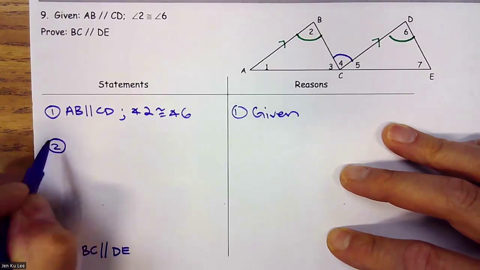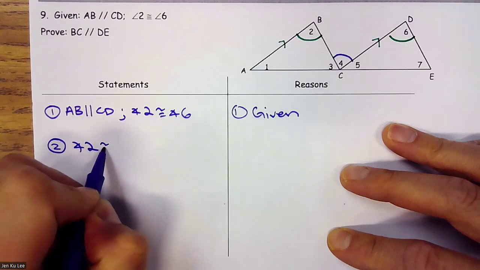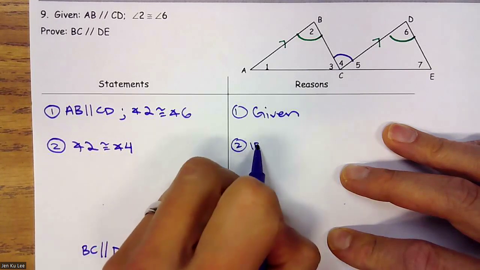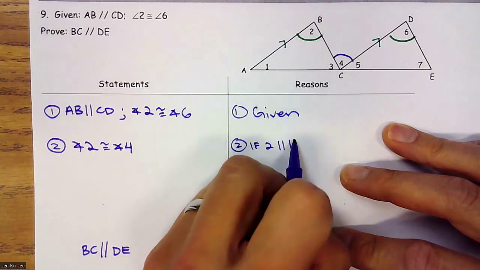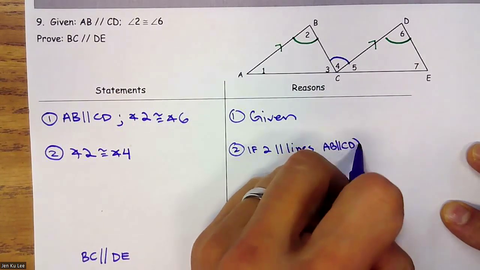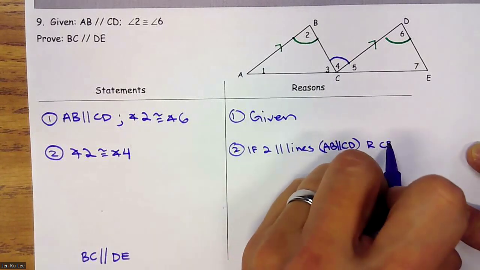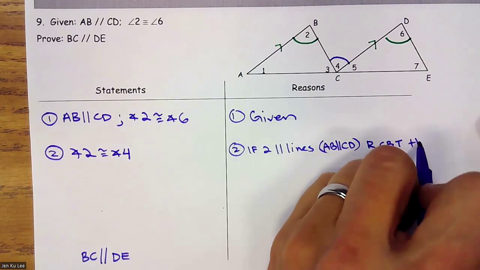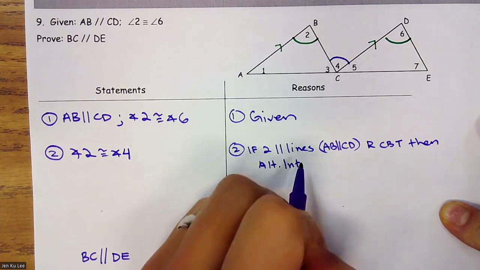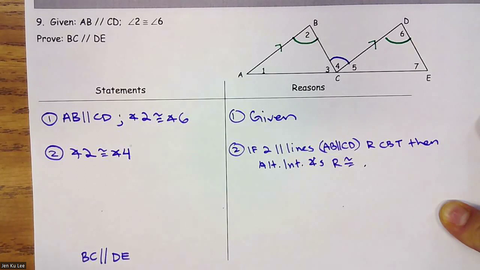The second step then is going to be that angle 2 is congruent to angle 4 if two parallel lines, AB is parallel to CD, are cut by a transversal, then alternate interior angles are congruent, right?